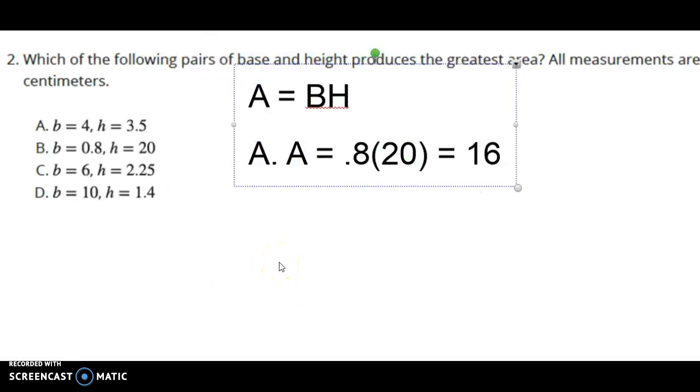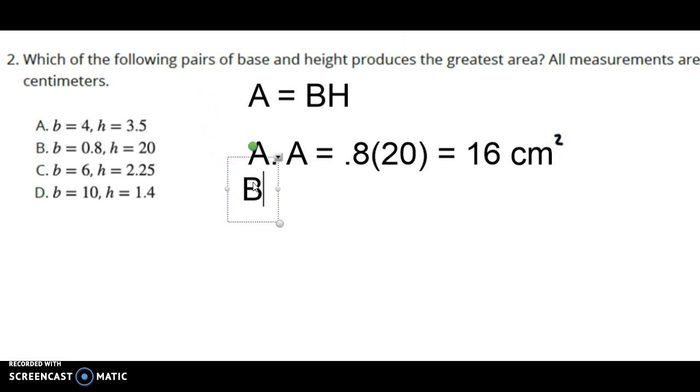I know that is 16 centimeters. I'm going to have a hard time doing my square here because I'm typing. So for each of these, just make sure that you are adding your square because in area, we're always going to use a unit squared.